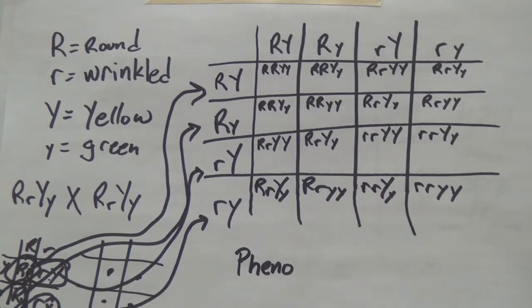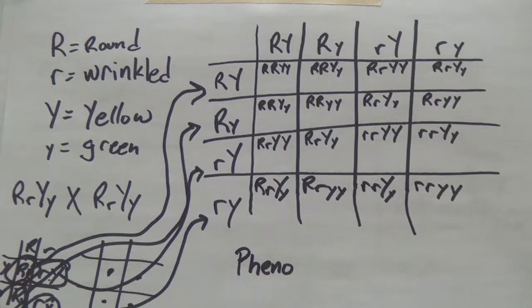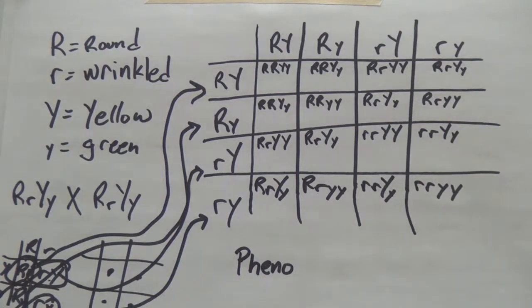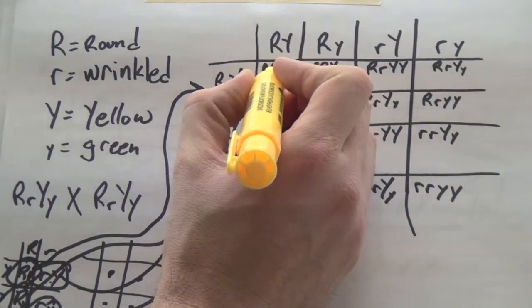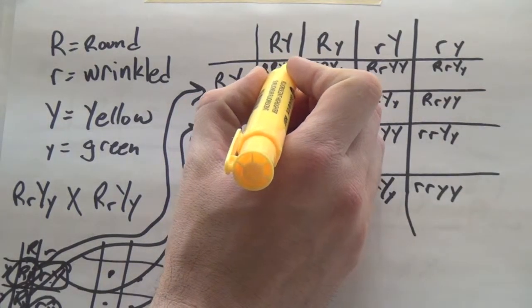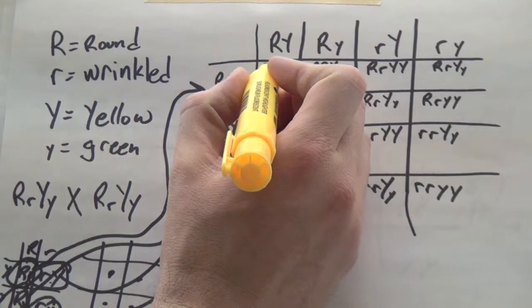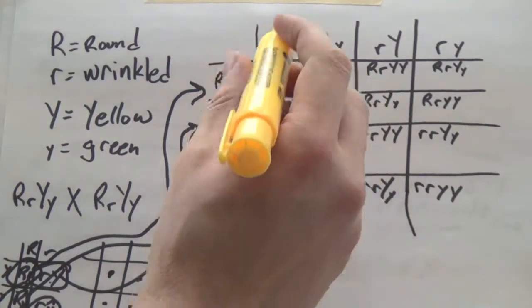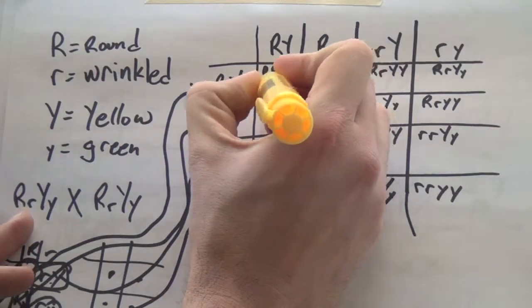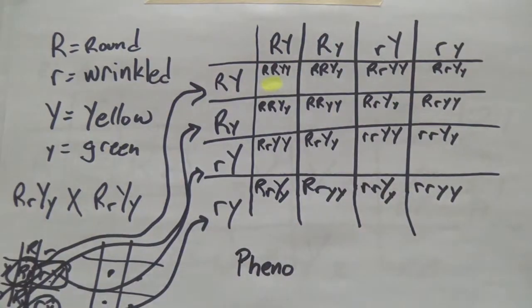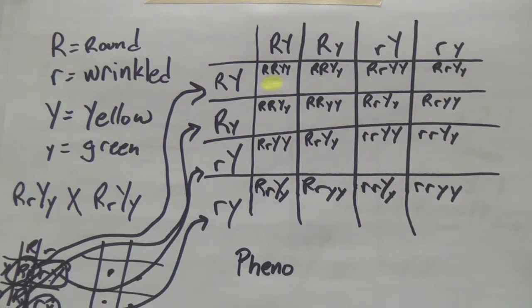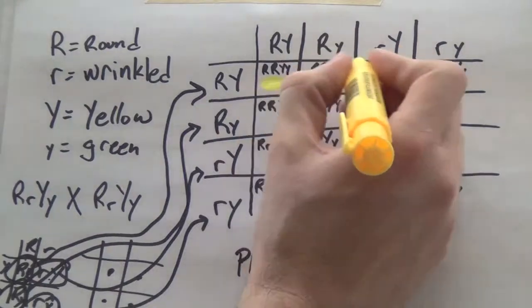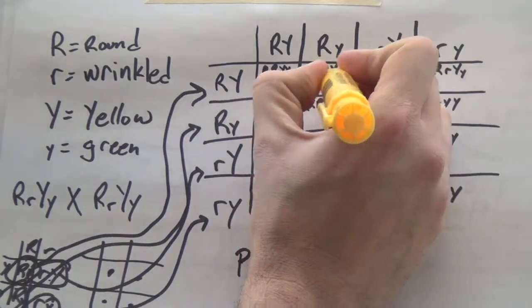But look at these things. Let's explore this. Let's look at the first one. I've got some color here. It's an innovative way of teaching you. So we have 2 homozygous dominants and 2 more homozygous dominants for the round and yellow. So this pea plant is going to be round and yellow, if you can even see that, right? If you see dominants, you can see round and yellow.